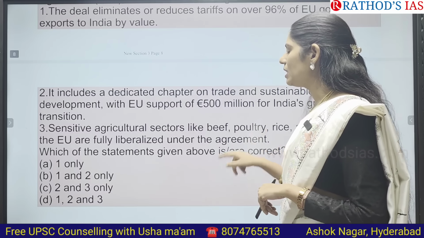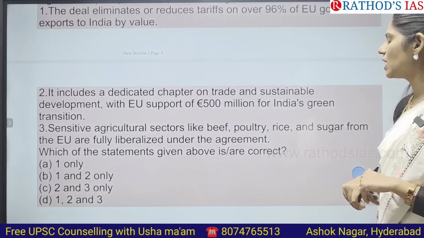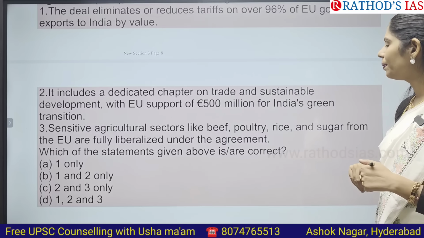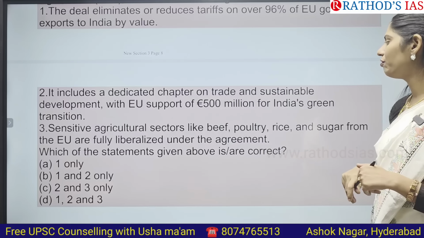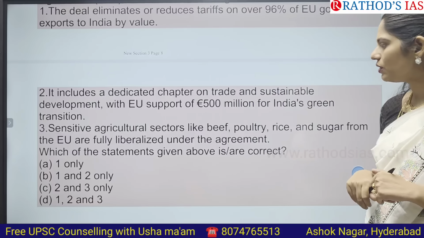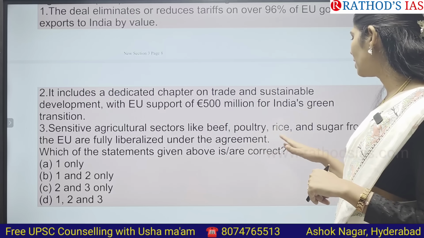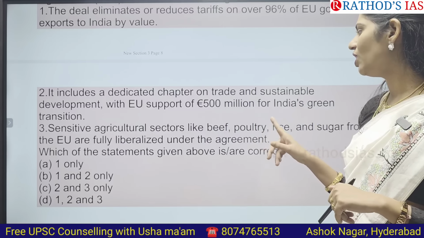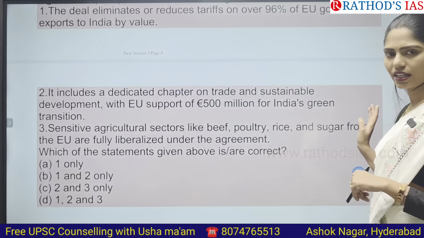And second statement is, it includes a dedicated chapter on trade and sustainable development with European Union support of Euro 500 million for India's green transition. And third one is, sensitive agriculture sectors like beef, poultry, rice, sugar from European Union are fully liberalized under this agreement.